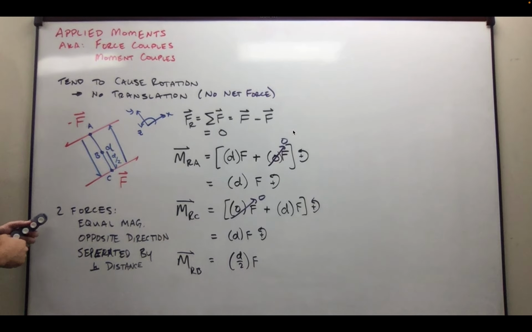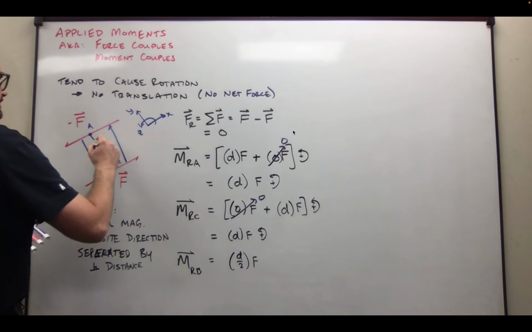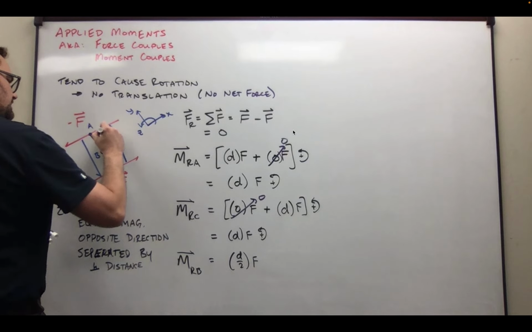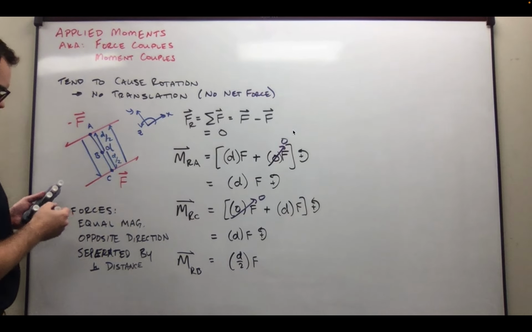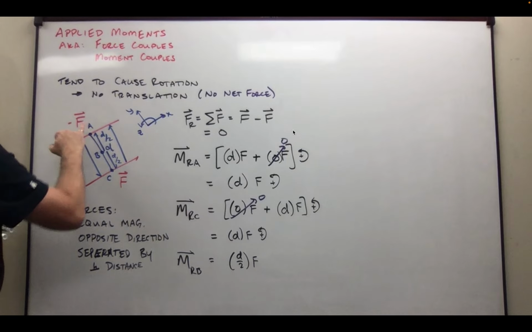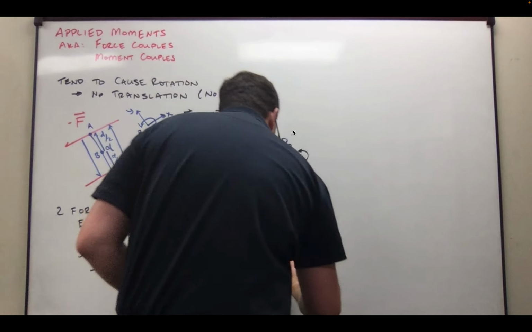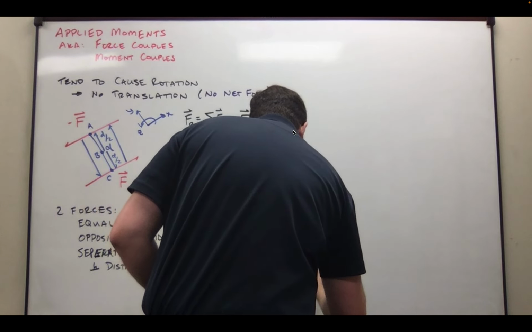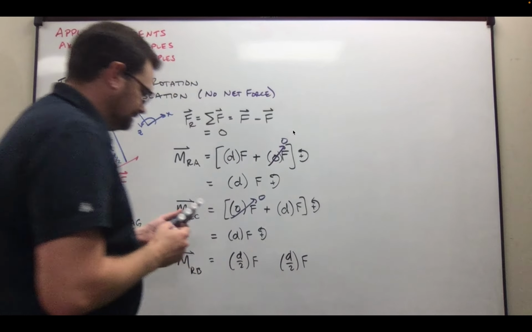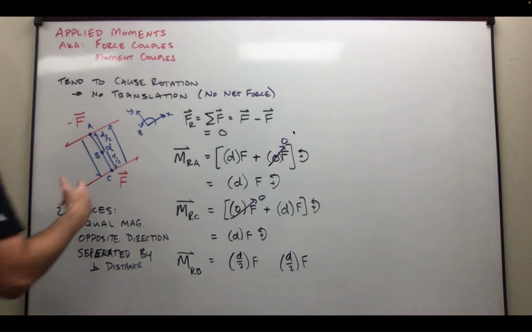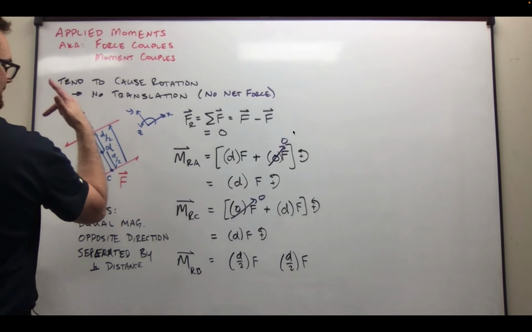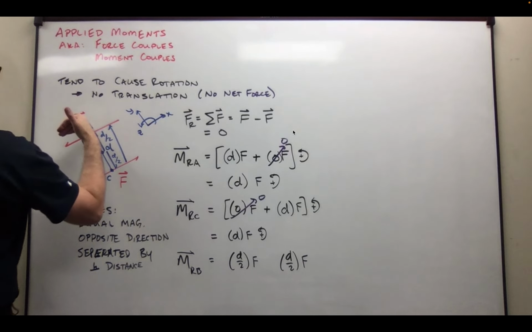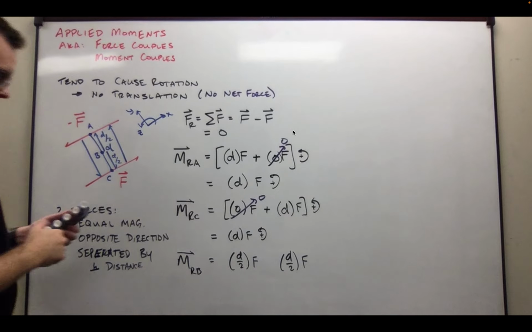So that's positive. And then when I go to the negative force, its perpendicular distance is also D over 2. So perpendicular distance times the magnitude of the force, I'm going to have D over 2 times the force. R cross F is positive, counterclockwise rotation.